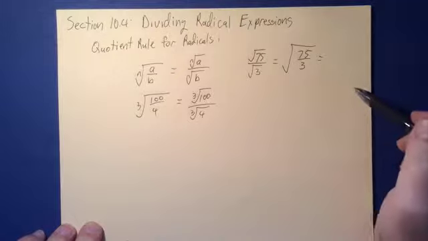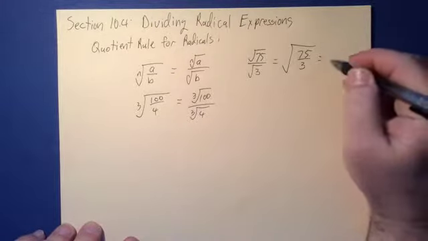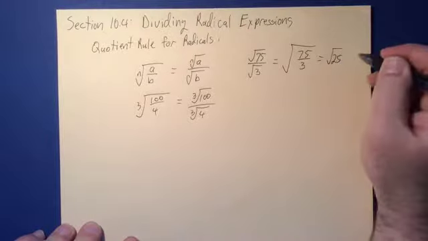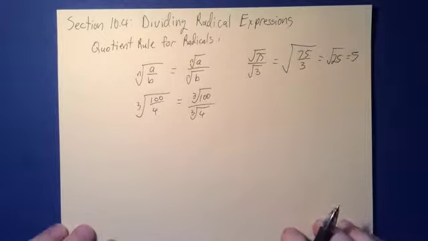And I would be able to divide, just like I would with anything else. 75 divided by 3 would give me radical 25, and then that would yield the result of 5. So you see from this that we have a new tool that we can use to work on simplifying some things. Let's begin to explore some problems taking advantage of this, and you'll find many similarities to the work that we did in the previous section, 10.3.